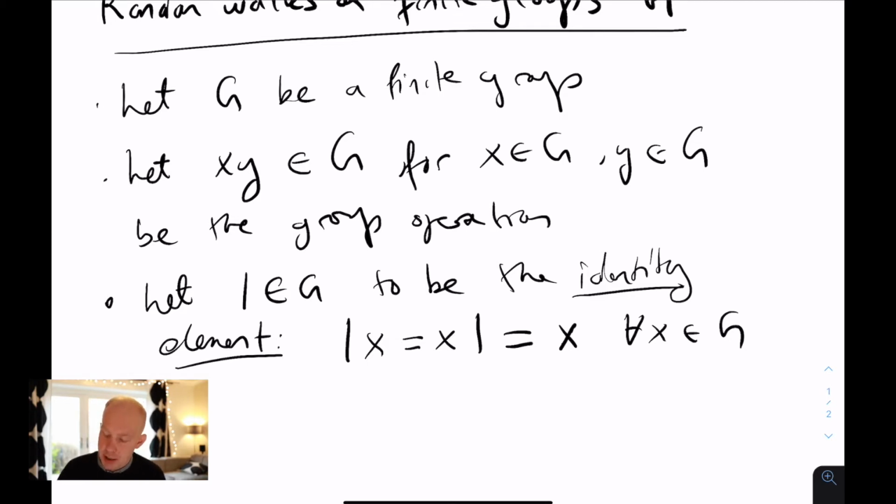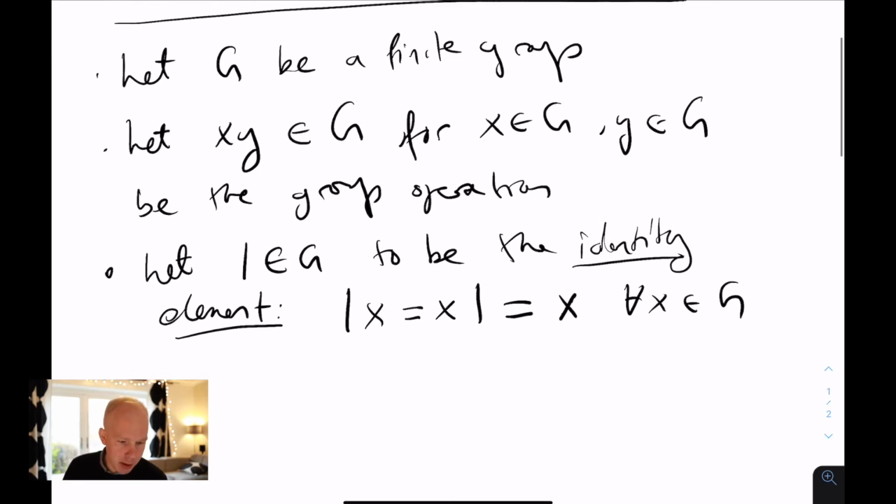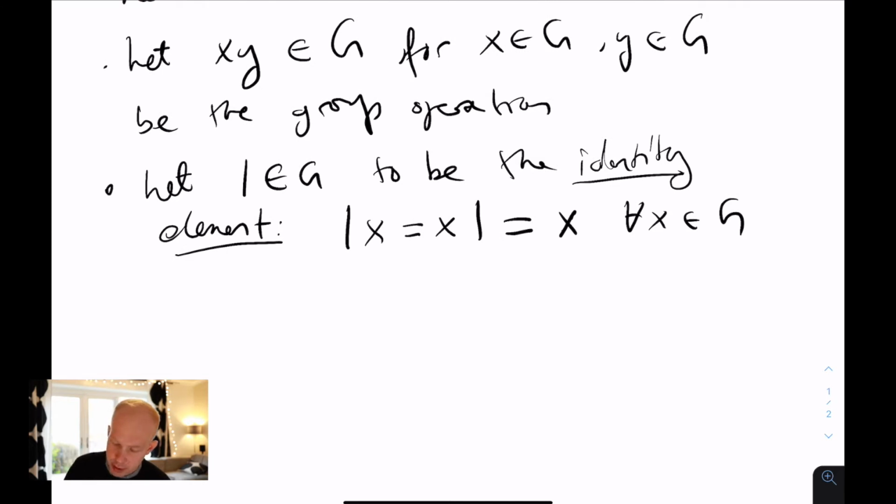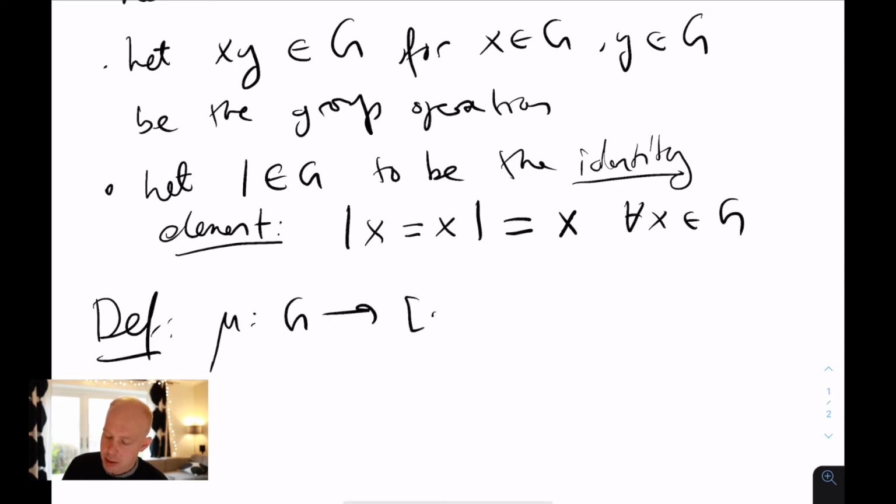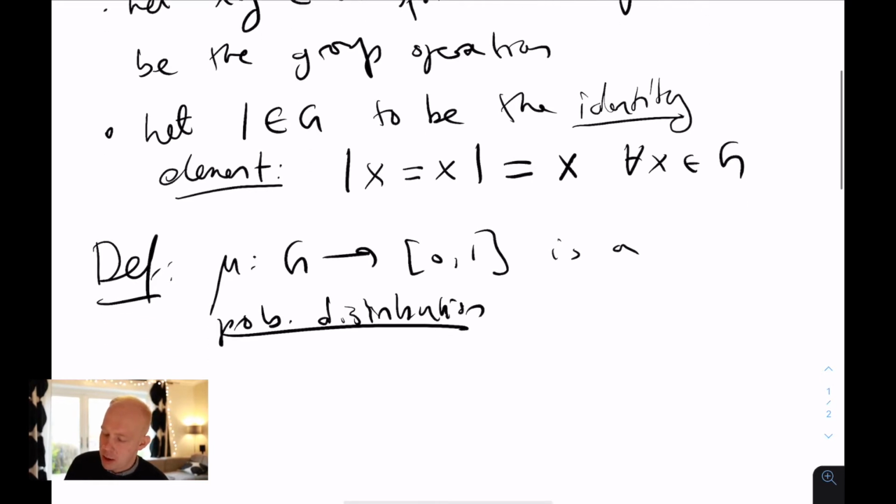This is the basic setting we want, and now we have to talk about random walks in this group, so we need to talk about probability distributions. Recall that mu from G to [0,1], a function, is a probability distribution if the sum over the elements x in the group is equal to 1.